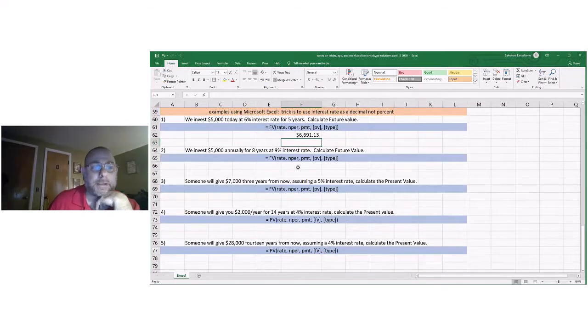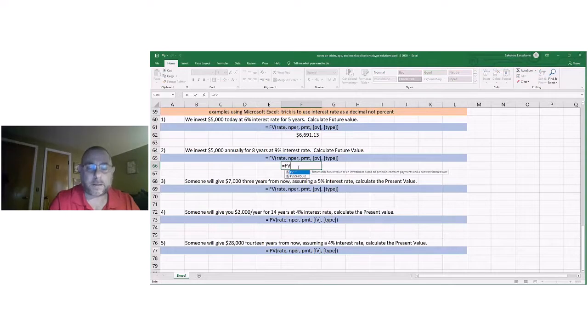All right, let's try number 2. We invest $5,000 annually for 8 years at a 9% interest rate. Calculate the future value. So equals FV, open parentheses. That's the starting point. You need to have those 3 pieces of the puzzle.